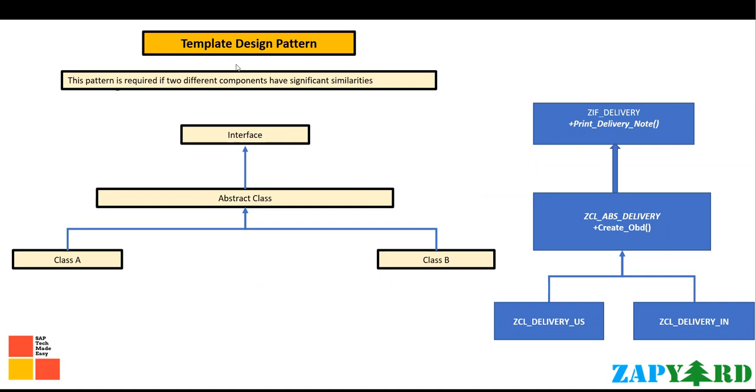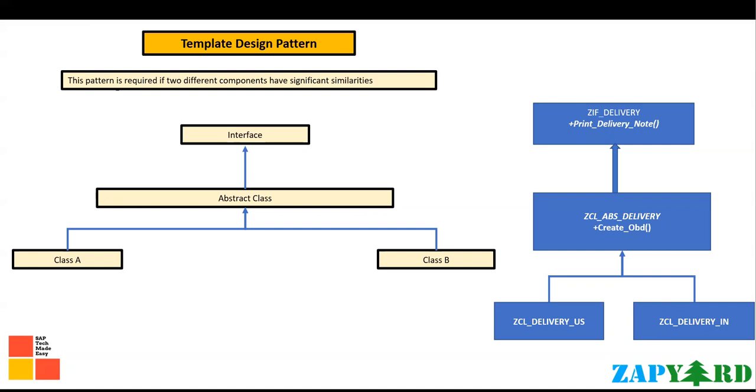Then we saw the template design pattern. This is what the template we follow in our real-time project. We will have the interface. It is not mandatory, but of course it's good to start with it if you are not sure how the implementation is going to be.